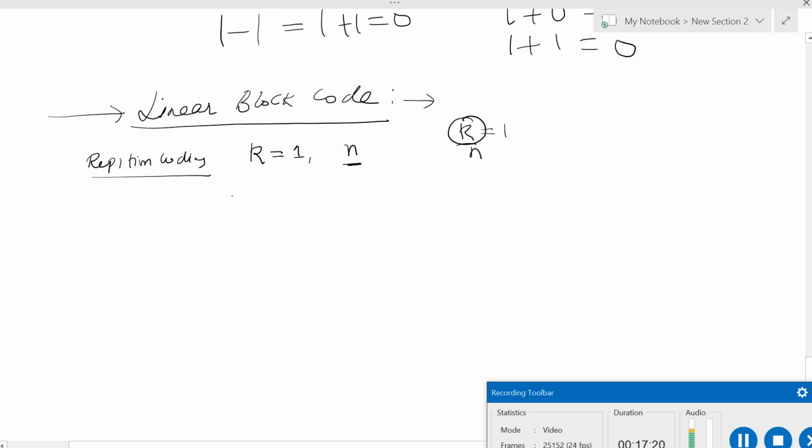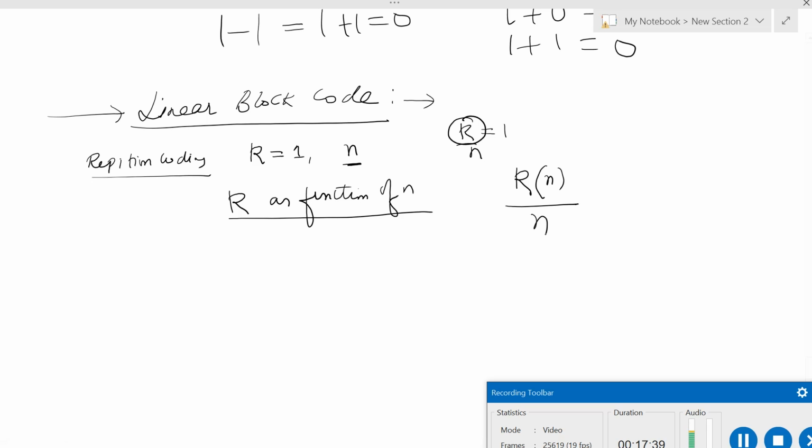Now the basic logic is, if we choose k as a function of n, that is, how many message bits we take will depend upon what code length we want. This is a little bit mathematical concept. What is the effect? If you take the limit n goes to infinity, the ratio no longer will be 0, because k of n also depends on n.